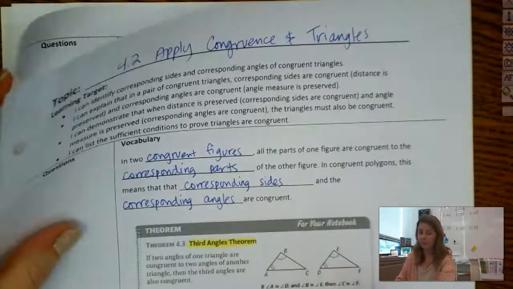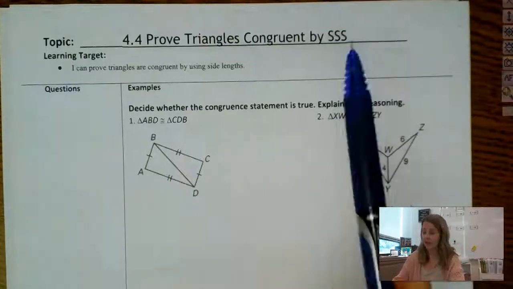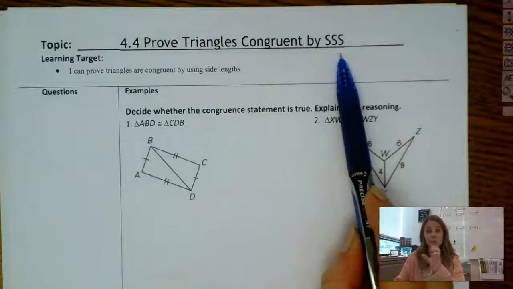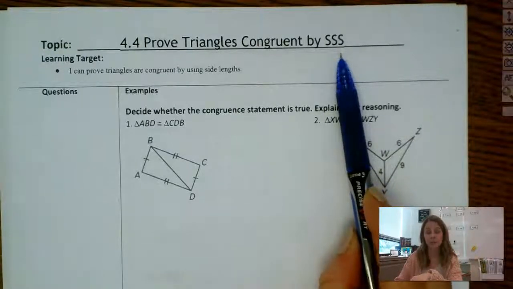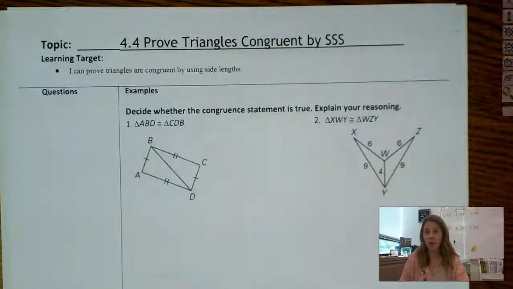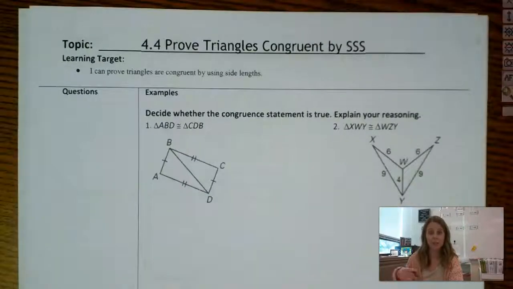What we're talking about today is if I can get the corresponding sides in one triangle congruent to the corresponding sides in another, there's no possible way to construct a triangle where the corresponding angles are not congruent. So there's no need to go through the time and effort of showing that, because this will always happen.